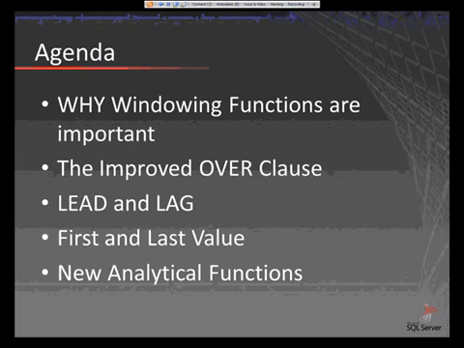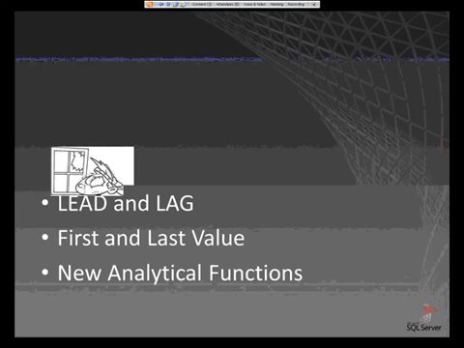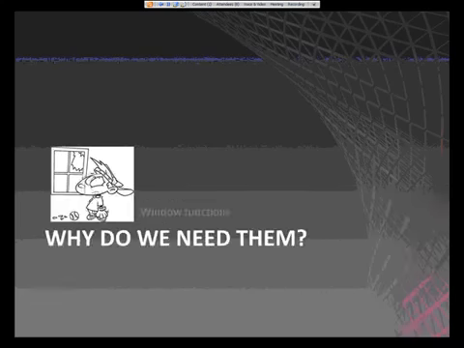And Itzik Ben-Gan and a bunch of others, a lot of the MVPs, really drove Microsoft to get more heavily invested in this, and we've seen the fruits of that labor come out in 2012. Really a number of options for things that we can do and some very interesting classes of data analytics and problems that we can solve using windowing functions.